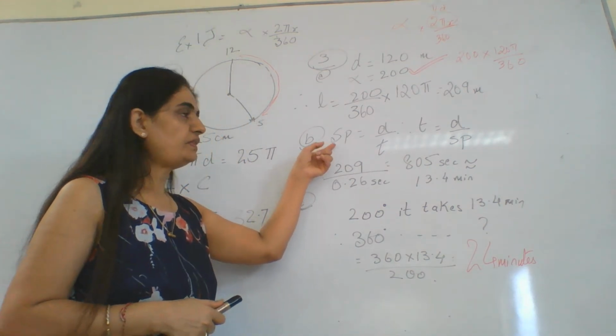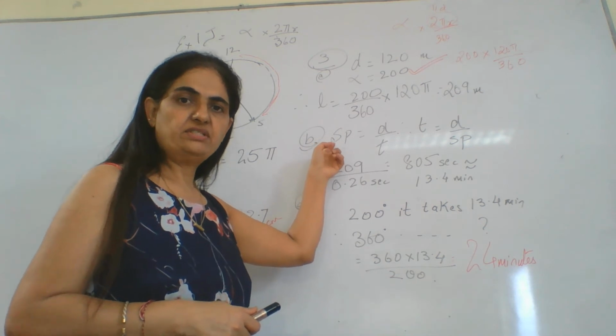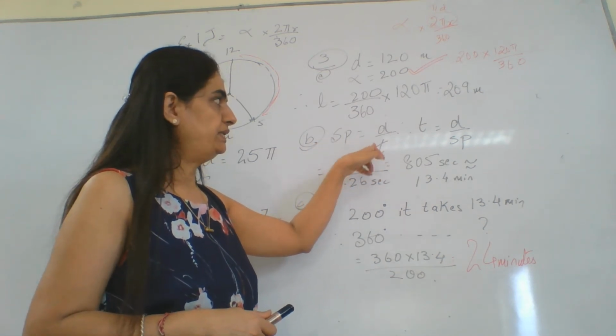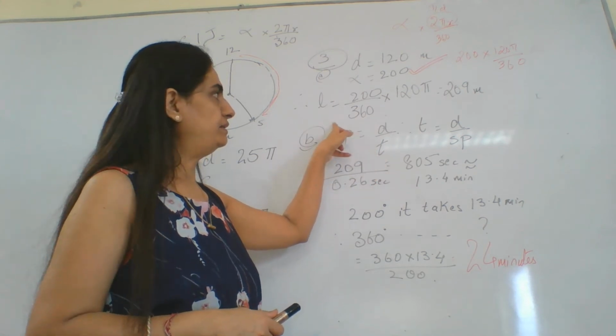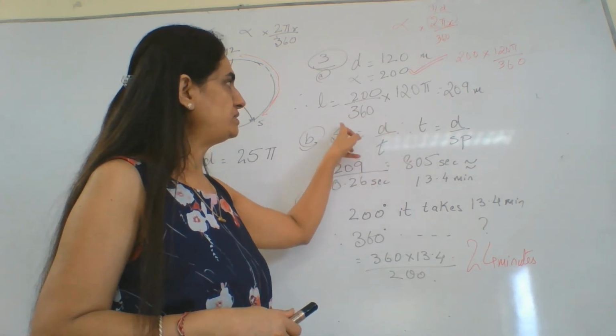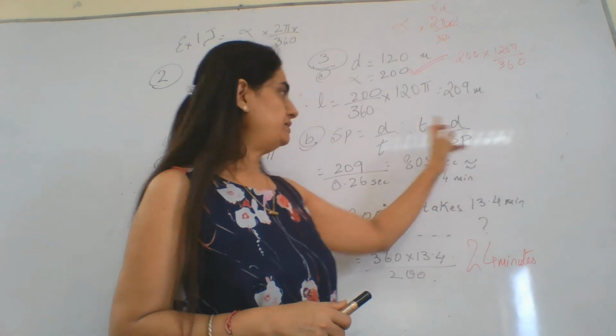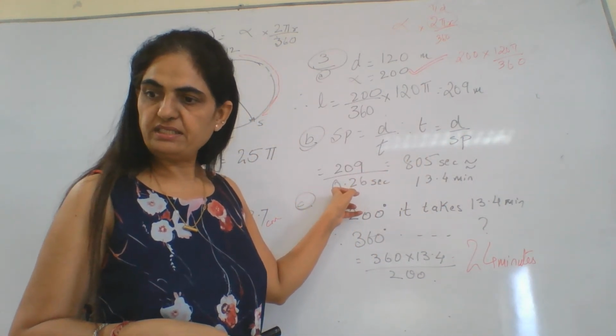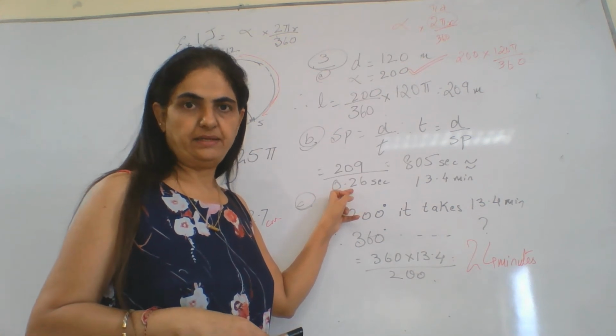So now here I will use the formula for speed. Speed is distance over time. Time is to be found out, so time will be distance over the speed. Now the speed given to me is 26 centimeters per second. Okay.